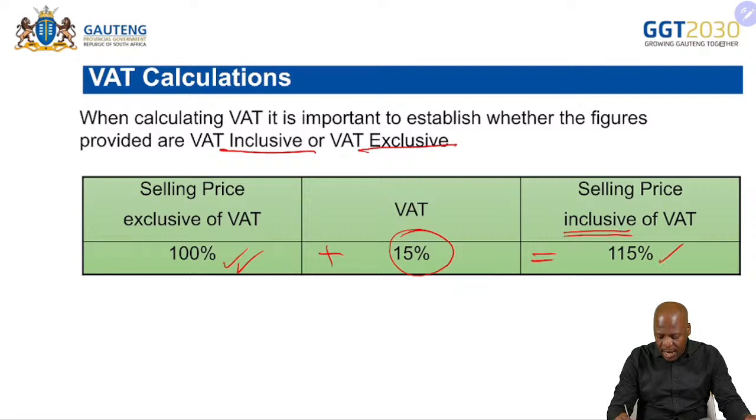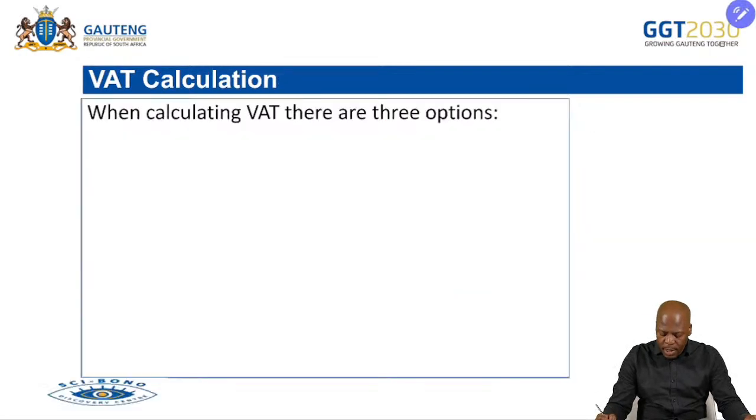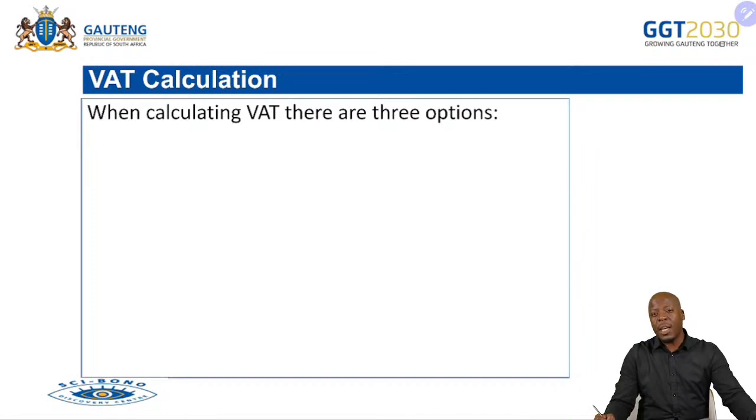That's why you see here, it is now 115. Now, dear learners, it is very important that you understand these formulas. When we calculate VAT, you'd find that there are mainly three options that we can use when we calculate our VAT amounts.